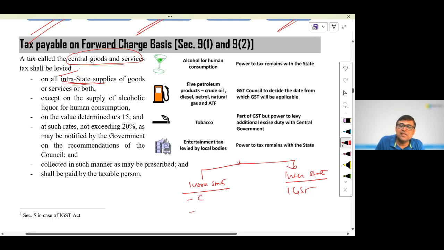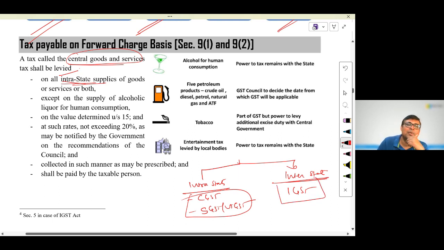In case of intrastate, CGST or SGST or UTGST is applicable. The combo is applicable in case of intrastate; in case of interstate, single IGST is applicable. A tax called CGST shall be levied, similarly SGST or UTGST, on all intrastate supply of goods or services or both, except on the supply of alcoholic liquor for human consumption. That means on alcohol, GST is not applicable.